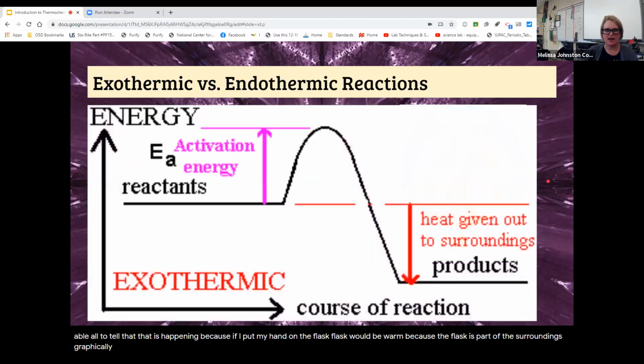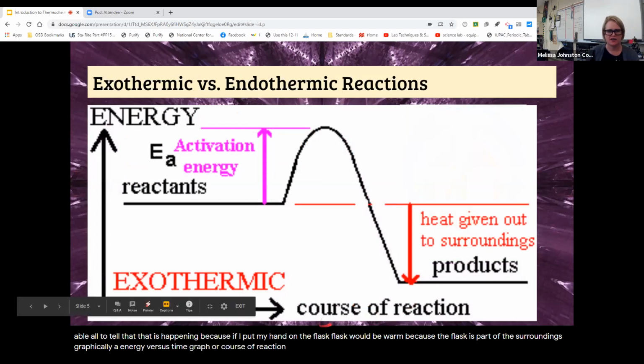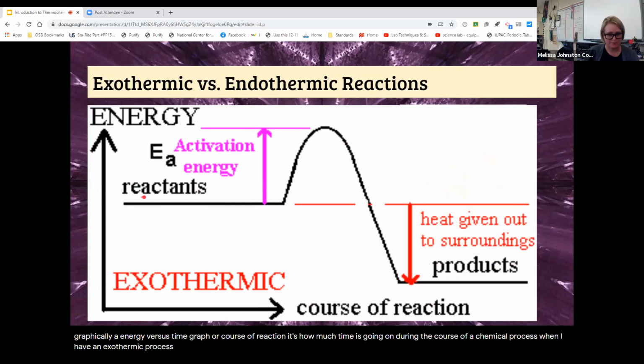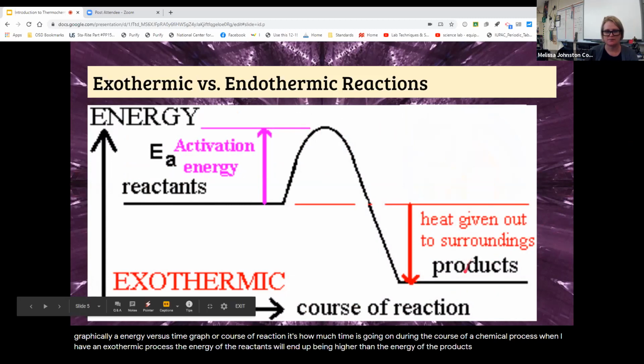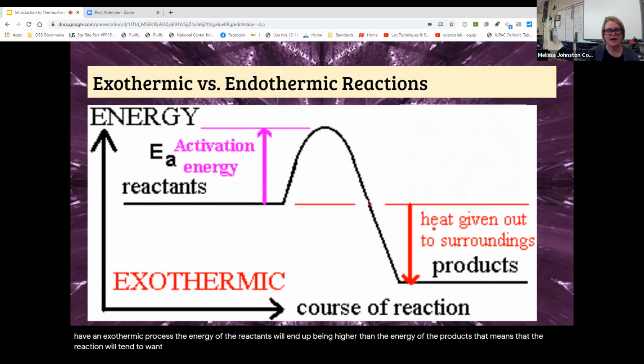This is an energy versus time graph, or course of reaction. It's how much time is going on during the course of a chemical process. When I have an exothermic process, the energy of the reactants will end up being higher than the energy of the products. That means that the reaction will tend to want to happen because it won't take as much energy to get those reactants to turn into products.